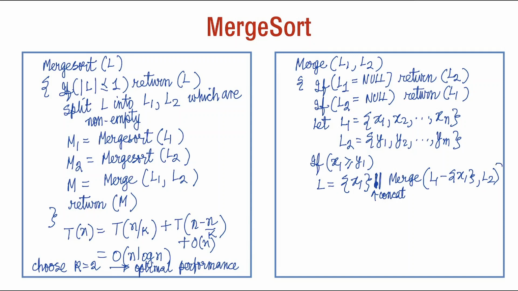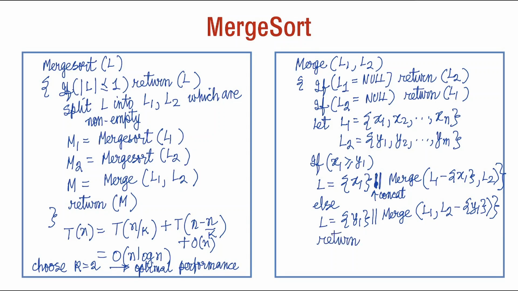That means x1 goes into the front and we remove x1 from L1 and then merge these two. Else L is equal to y1 concatenated with merge L1, L2 minus y1. And we return L.